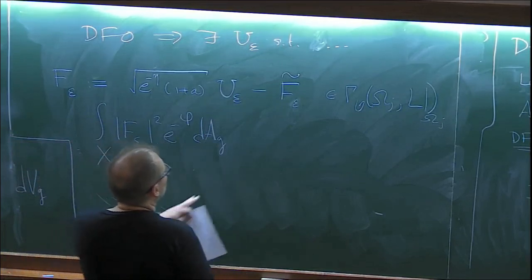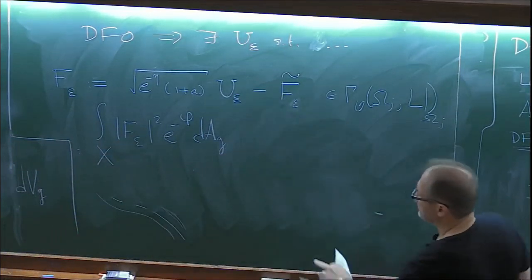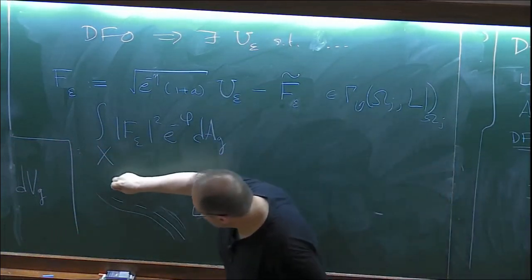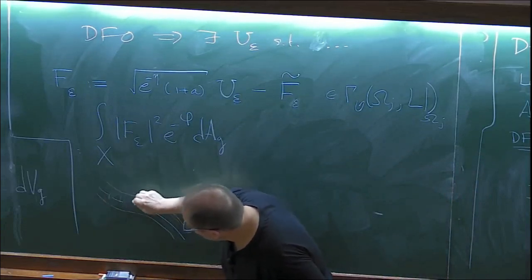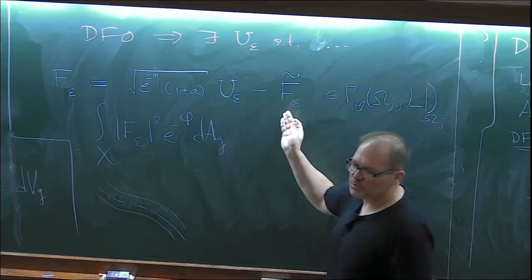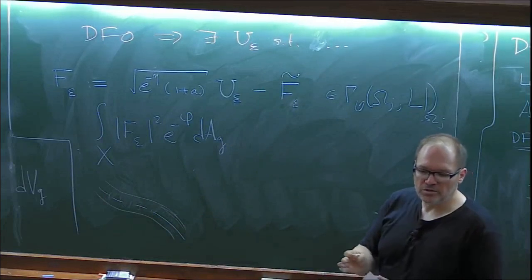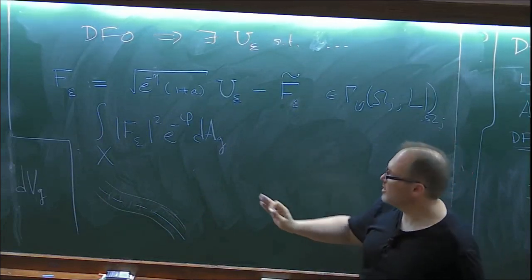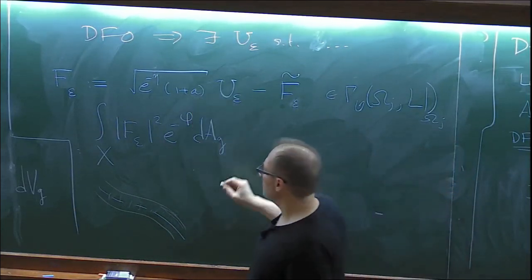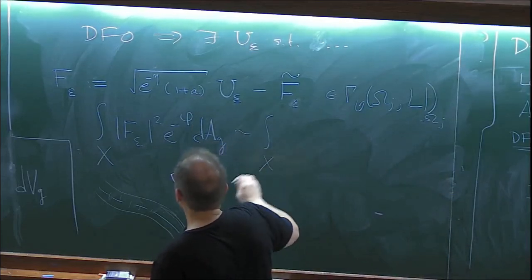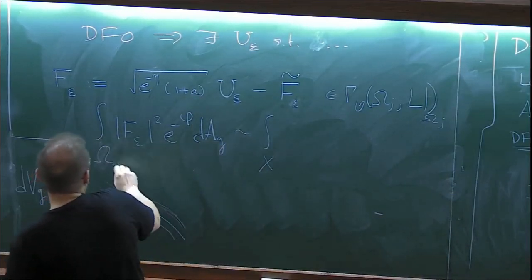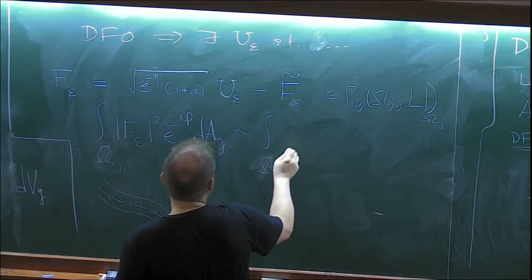Okay, so this guy here is just supported on the picture I just partially erased, right? It's just supported in here, but it's just some smooth function. So as epsilon goes to 0, that's just going to disappear. All the estimates are going to come from this term. So this is, and I should be writing omega j, omega j, omega j.